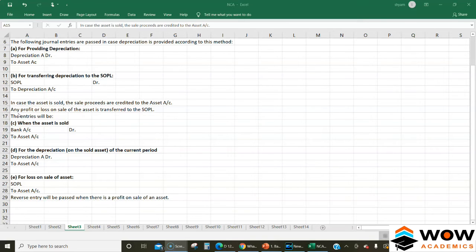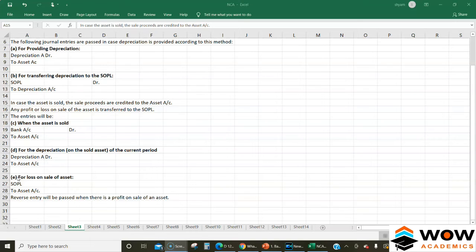Whenever we make a sale, the bank has to be debited because the cash is being received. The asset account has to be credited because the asset is moving away from the company, and we have to provide the depreciation on that particular year also. Whenever we sell, we have to provide proportional depreciation, or as per what the sum tells you.